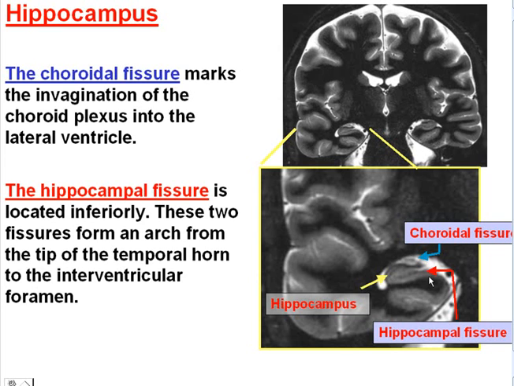The hippocampal fissure is the fissure below. This is the fissure between the parahippocampal gyrus and the hippocampus. And then you can see the hippocampal structure here. Here is the fimbria, and the choroid plexus is located superior lateral to the fimbria, and then this is the temporal horn of the lateral ventricle.